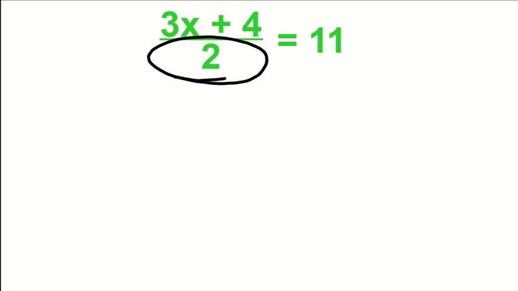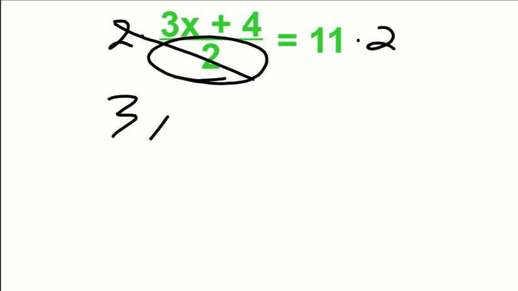What type of math are we doing with that 2? Division. When it's a fraction, remember, that's division, right? So what's the opposite? Multiplication. So if I multiply both sides by 2, these 2's cancel out. So I got 3x plus 4.